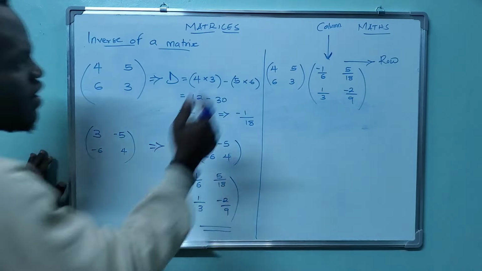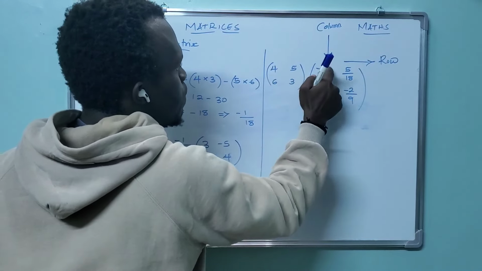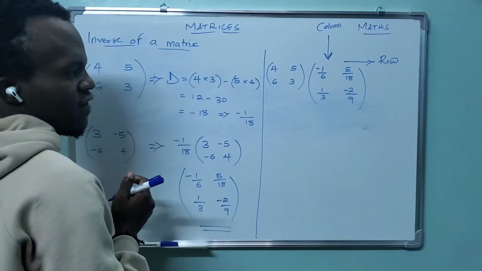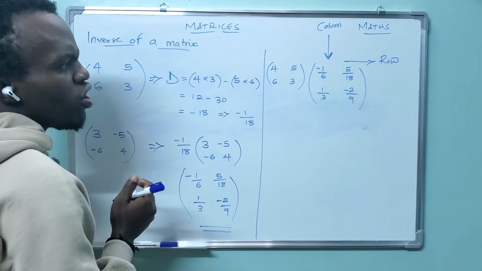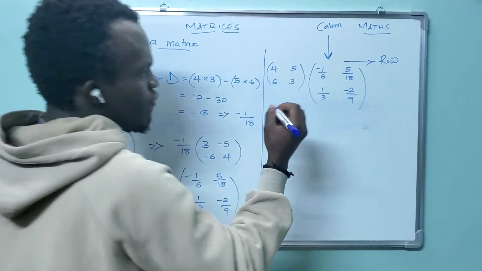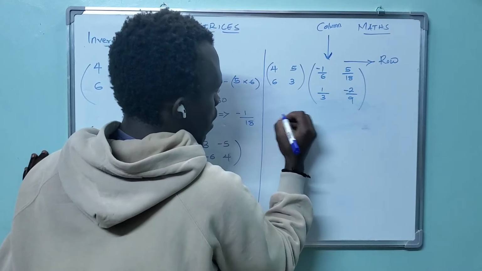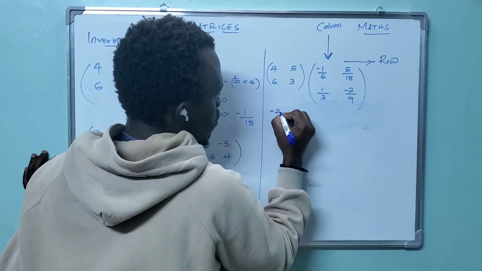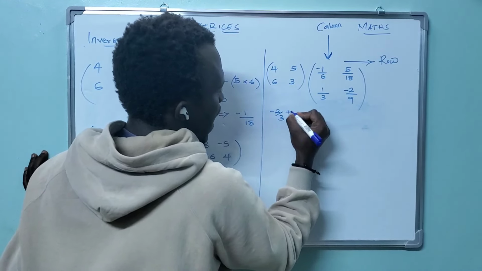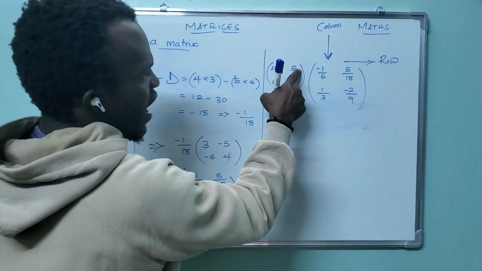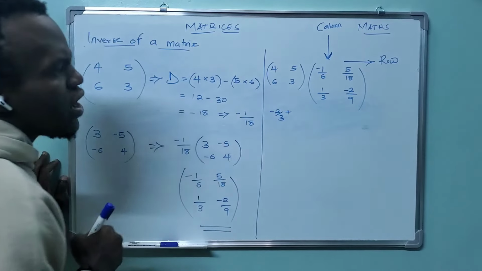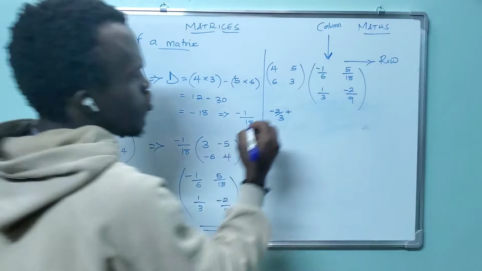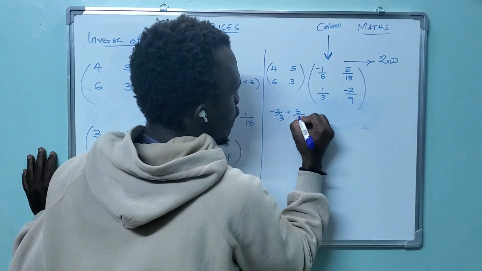Let us start. 4 multiplied by negative 1 over 6 is negative 2 over 3. Negative 2 over 3 plus 5 multiplied by 1 over 3, which is 5 over 3.